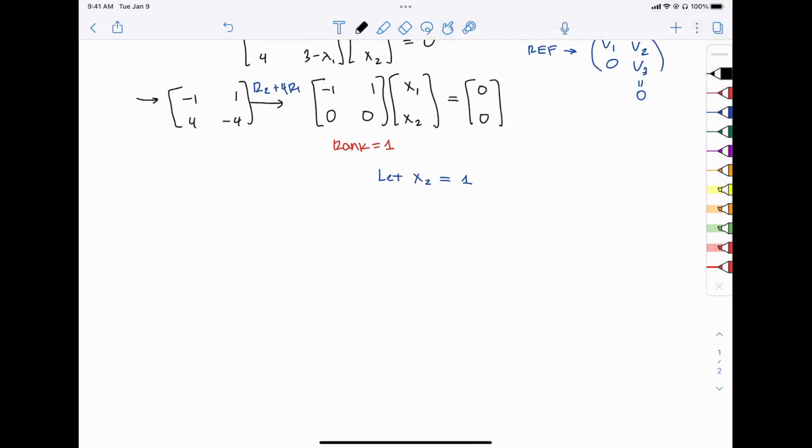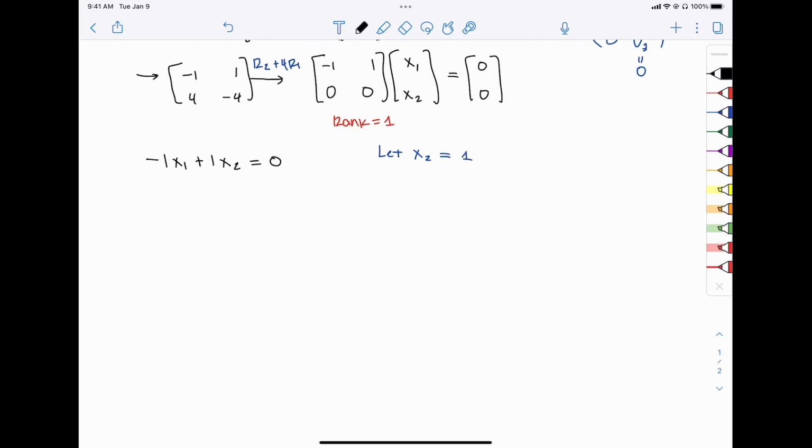And we should have 2 equations here. But we read off from the top, from left to right. So negative 1 times x1 plus 1 times x2 equals 0.